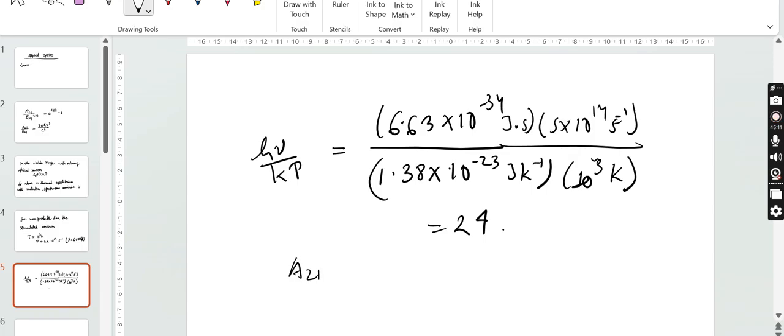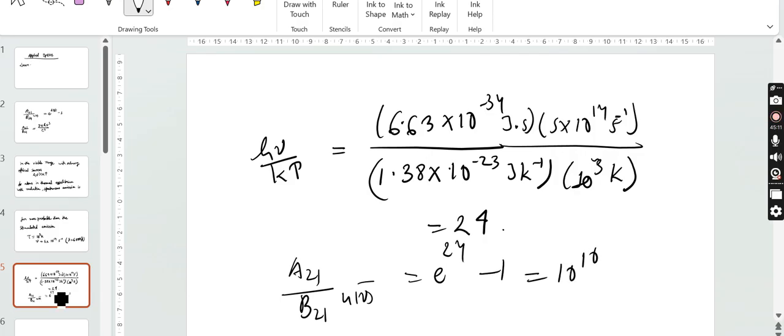So A21 by B21 is e to the power 24 minus 1, which is about 10 to the power 10.